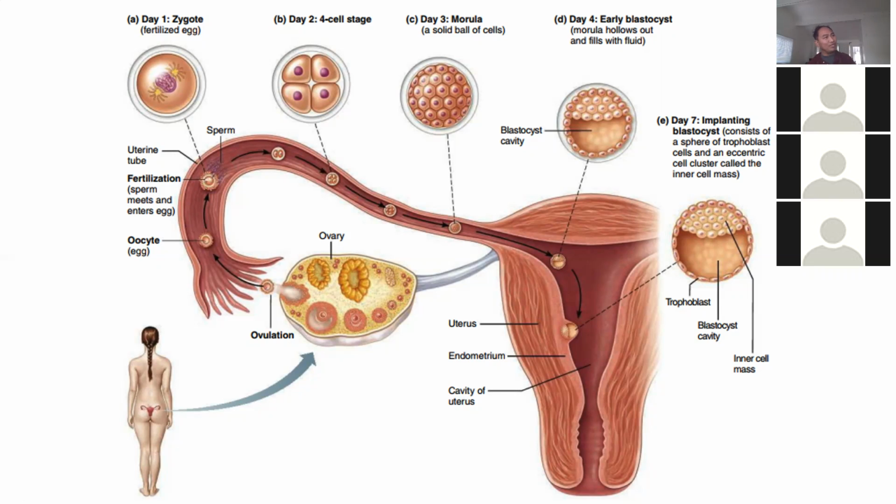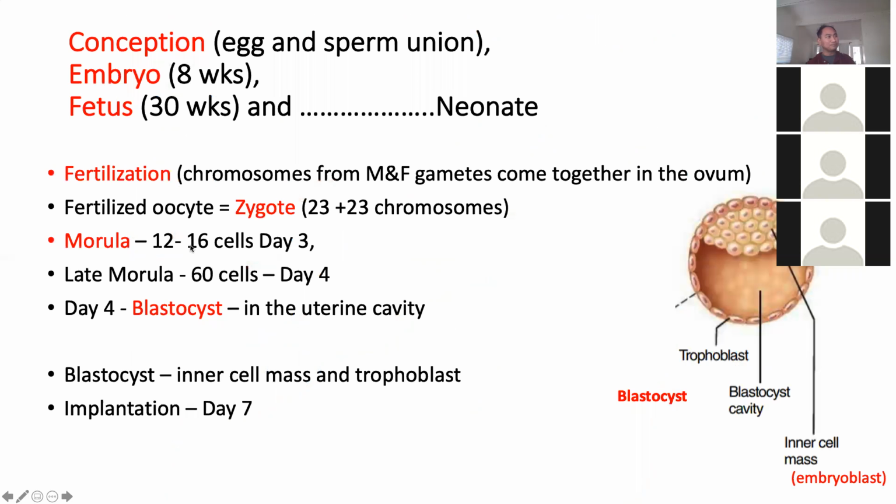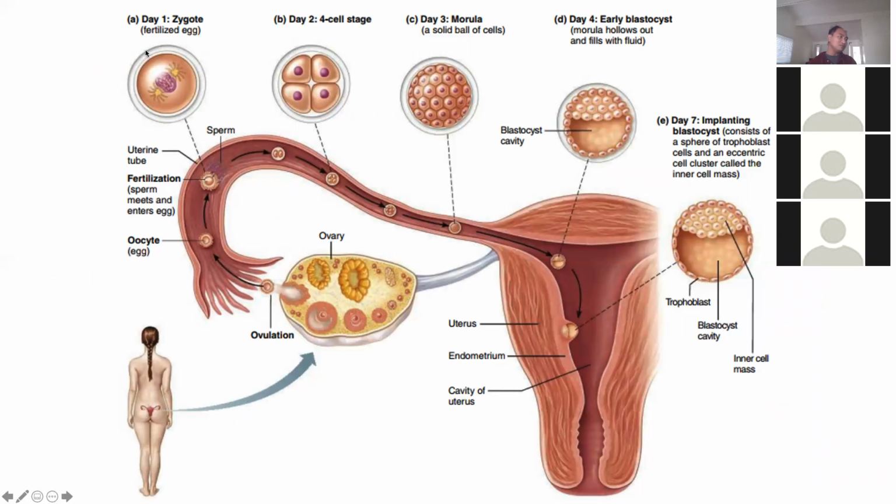And once the fallopian tube meets the sperm, the union of egg and sperm is called conception. Yeah, that is the conception. So if you look at that, this conceptus gradually becomes bigger and bigger.